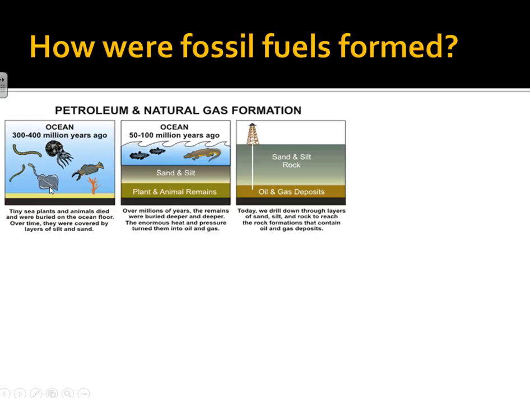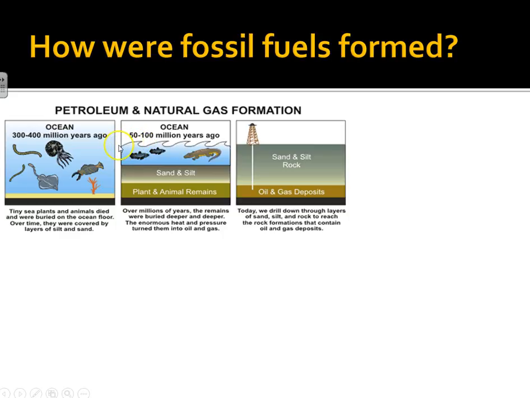More often than not, the original components of oil and natural gas were microscopic organisms floating on the top layer of shallow seas. Think of phytoplankton. They're microscopic and photosynthetic, so they absorb sunlight and generate biomass and energy, just like a plant does.